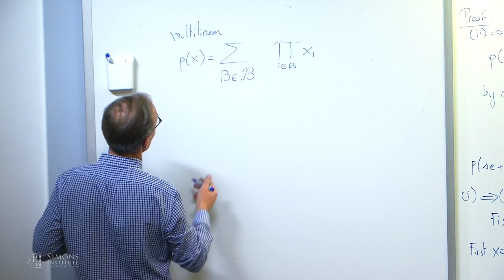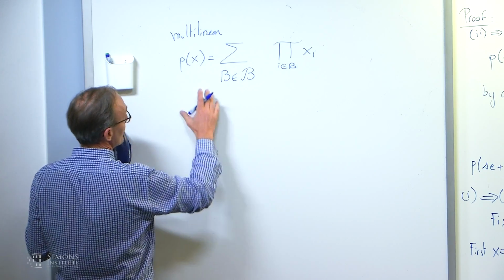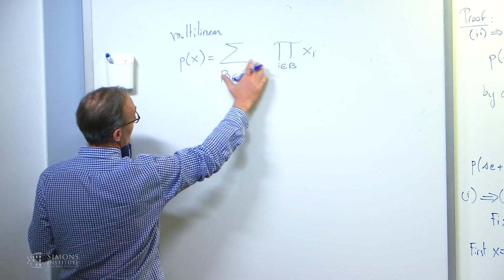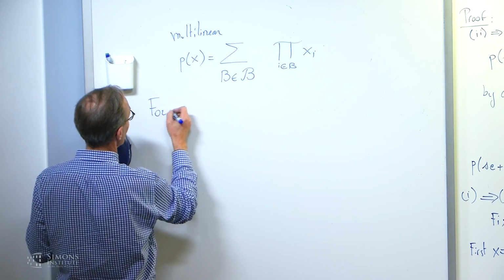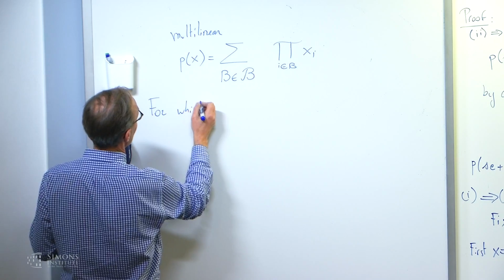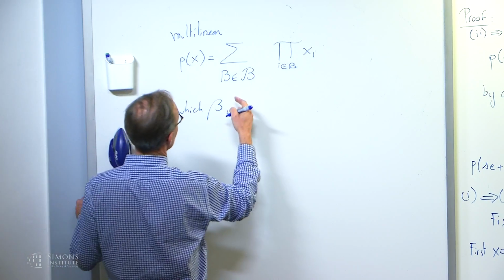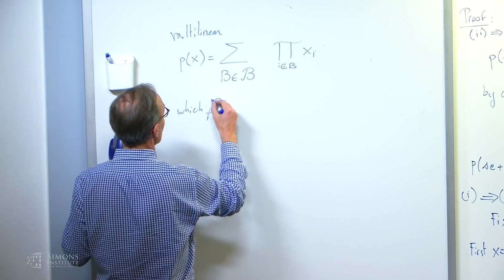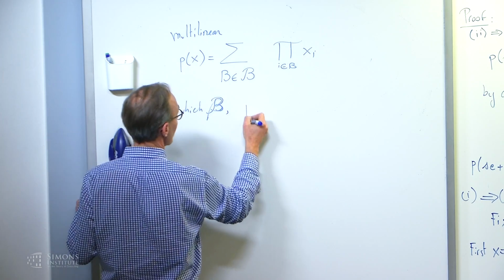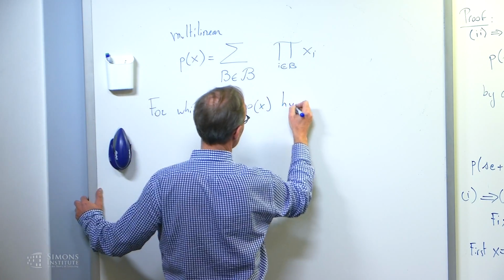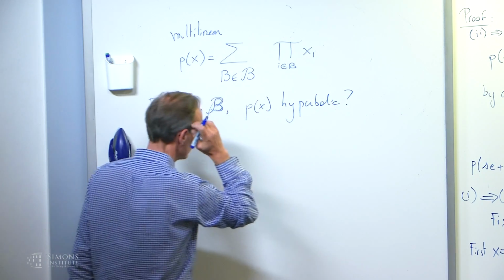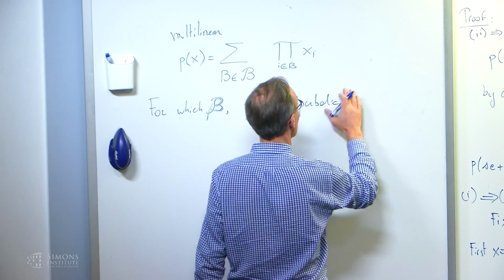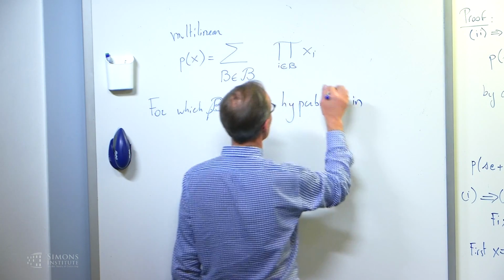And so one question that one could wonder is for which B is this p of x hyperbolic in direction e, let's say the all ones vector.